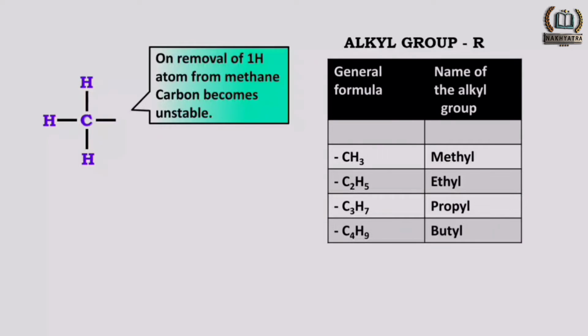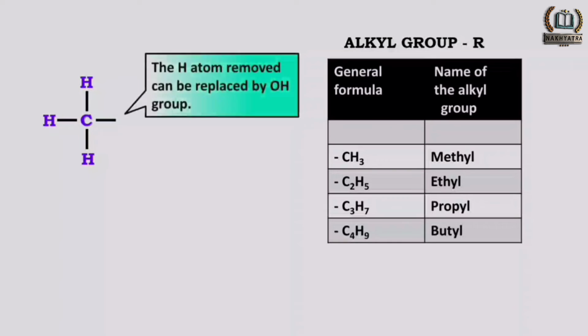Okay, on removal of one hydrogen atom from methane, the carbon becomes unstable. The hydrogen atom removed can be replaced by OH group.